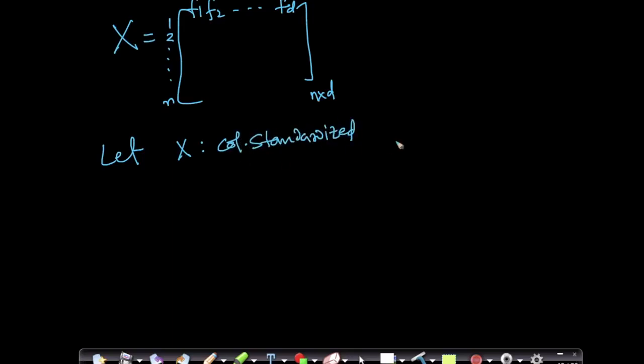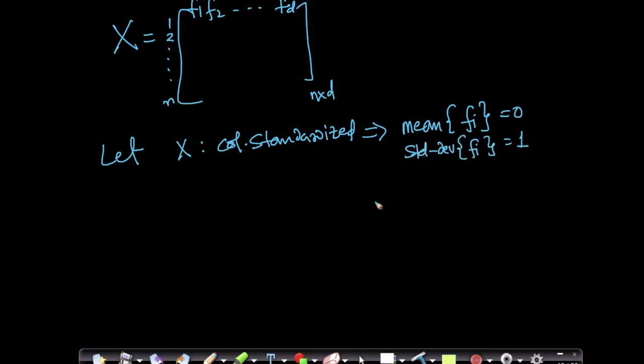What does column standardization mean? It means that the mean of any of my Fi equals 0, and the standard deviation of any of my features equals 1. We just learned about that.